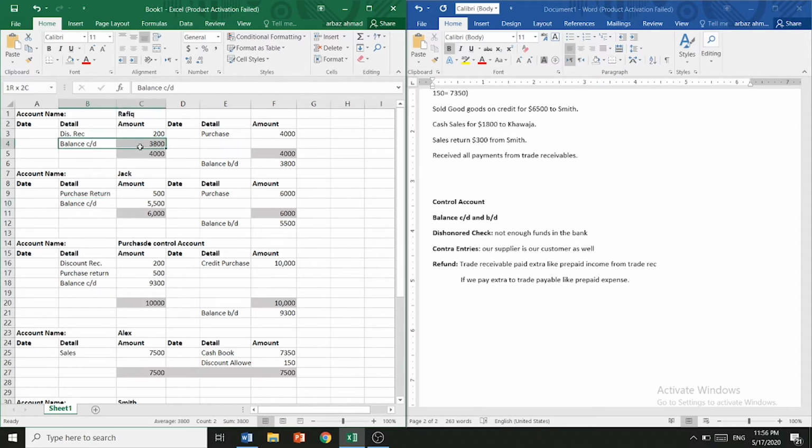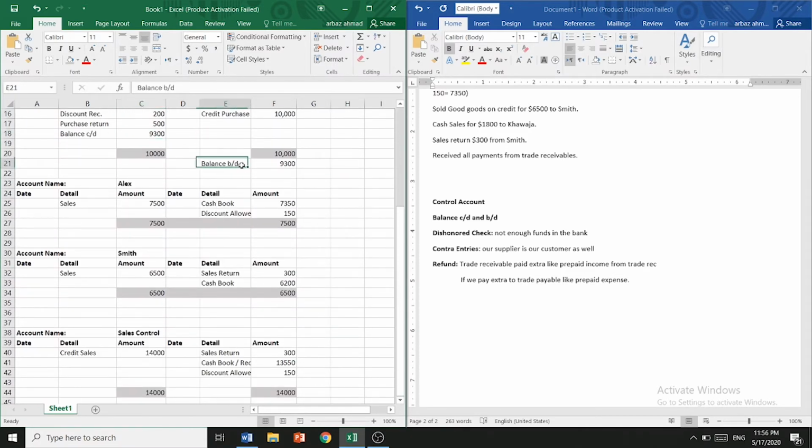Otherwise it's not necessary to take the balance carried down and brought down. The reason is that I have to check the accuracy, whether my credit purchases have the same credit balance when I add them. So you can check vice versa: if you add them, do you get 9300 or not? If you're not getting it, then maybe there is some error.